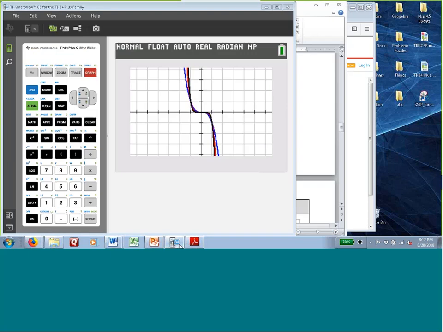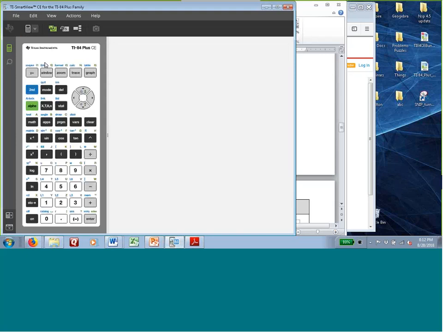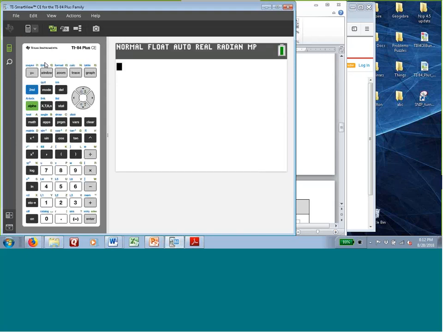Let's go back to our TI-84 emulator. I'm going to now switch to the CE emulator. The other stuff is still back there. I got very interested in all of the activities surrounding quadratic functions.